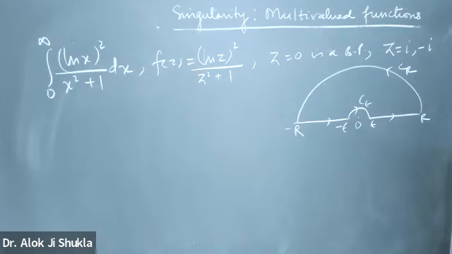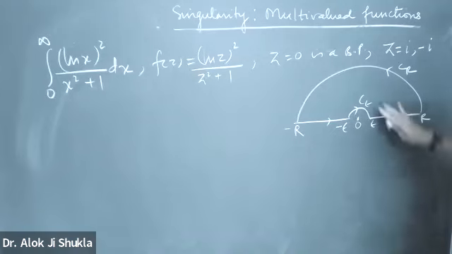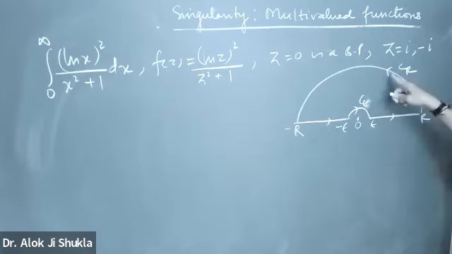Is this okay? If you want, you can ask any basic question regarding this. It is the same contour, just that I have z equal to 0 as a branch point, so I am avoiding it using a very small circle of radius epsilon. The semicircle I am representing by c epsilon, and the bigger circle of radius r by c r.